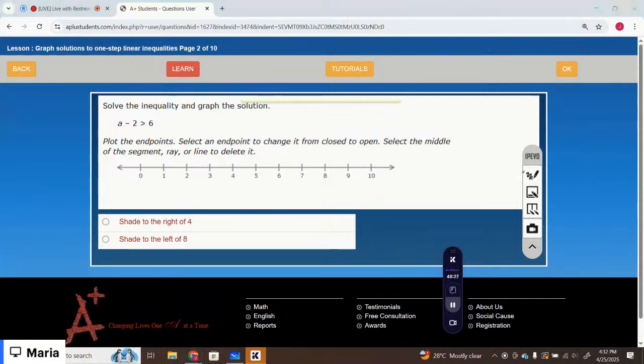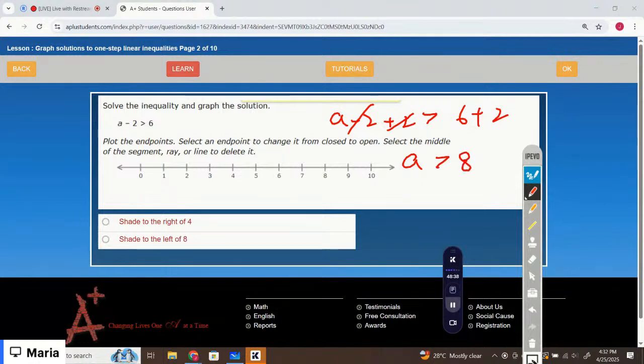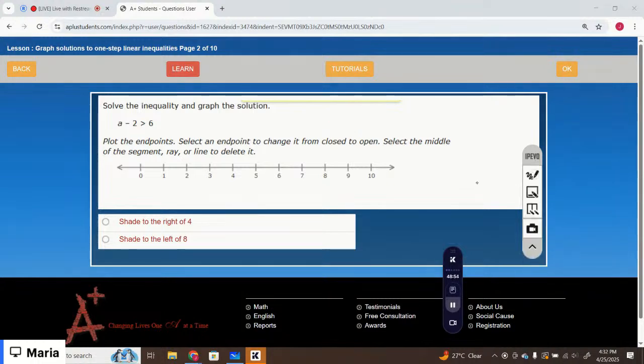That is, you need to add 2 to both sides. A minus 2 plus 2 and 6 plus 2. So that is A is greater than 8. Shade to the right of 8. Option number 2 is the correct option.